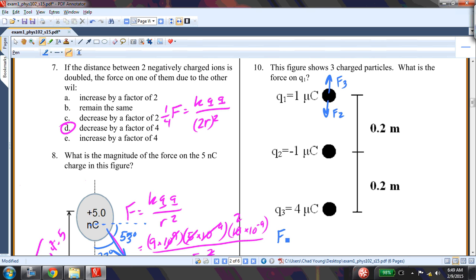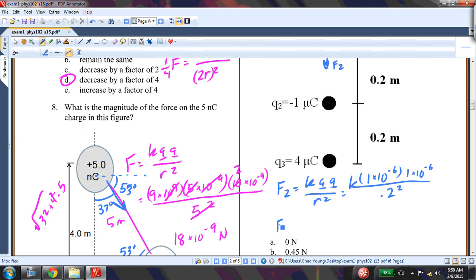So F2 is kQQ over R squared. That's k times 1 times 10 to the minus 6, 1 times 10 to the minus 6, divided by the distance squared, which is 0.2 squared. Let's go ahead and write out F1.